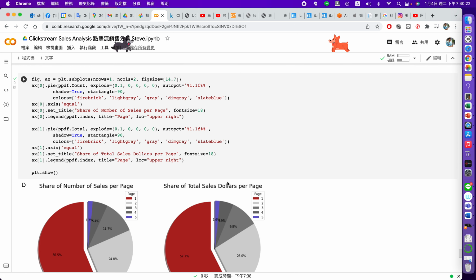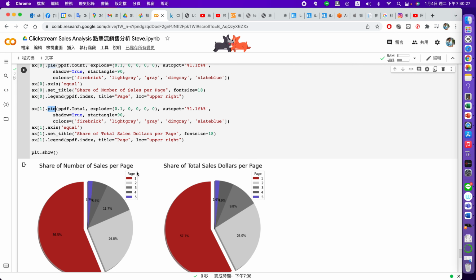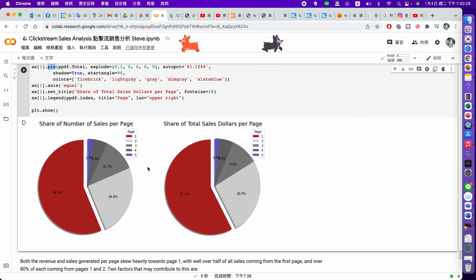Okay, so you may draw the pie diagram for the 5 pages. So you can see page 1 sells almost half, more than half of the total sale for the 5 pages. 第一页最多。What about the 5? It's the last, 最少。Okay, it's not more than 2%.